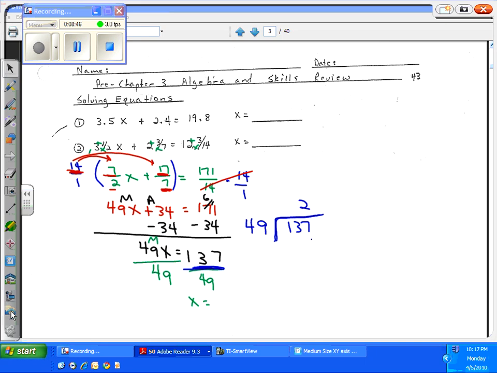It'll go 2 times, 2 times 9, subtract. We have to borrow, that makes that a 2. 17 minus 8 is 9. 12 minus 9 is 3. We would put our remainder 39 over our divisor 49, 39/49. And so we get 2 and 39/49.